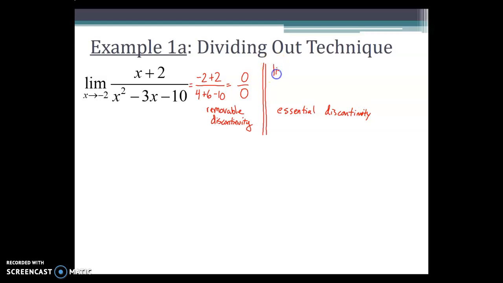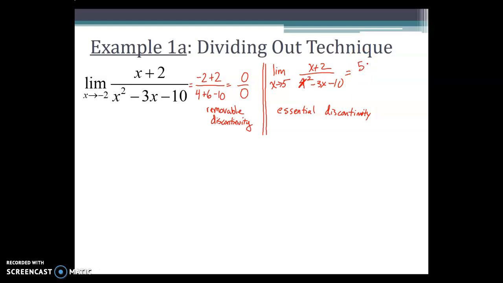If you just for a quick second tried to evaluate the limit as x approaches 5 of this same function, you'd actually find an essential discontinuity. And I just want to take a quick second and show you what that looks like numerically.